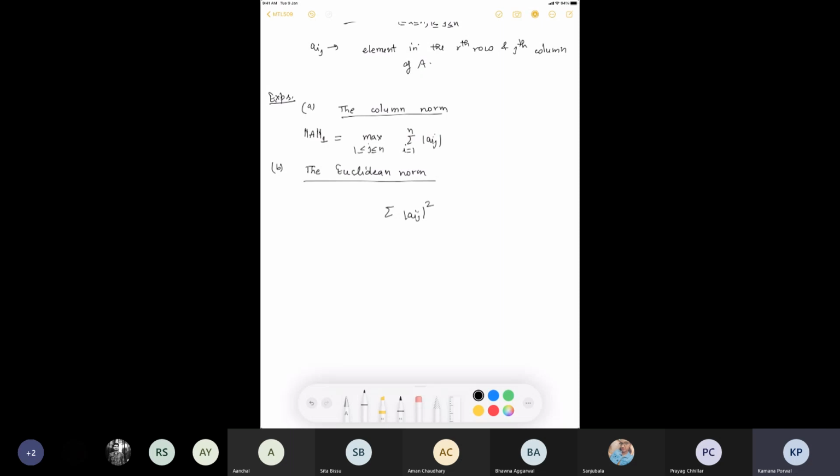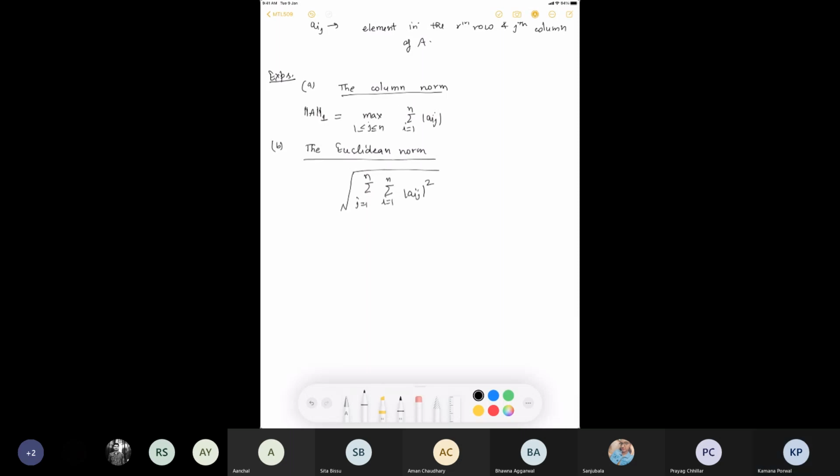So this summation is going to be over both i and j, and then take the square root. Okay, so this is how we are defining the Euclidean norm. And I'm going to denote it by these parallel lines and 2 in the subscript.